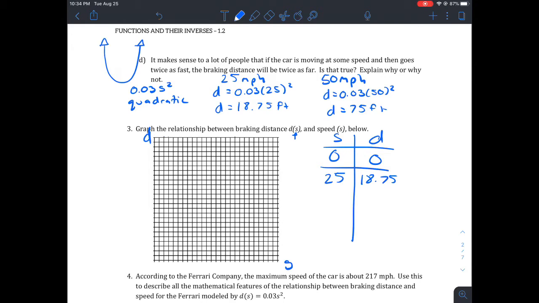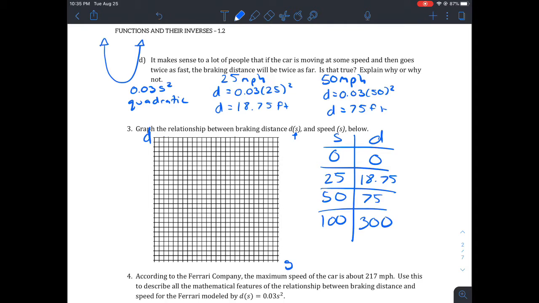Then we have 55 from the front page, and when we plugged in 55, we got, oh, actually, you know what? Let's do the 50 from the back. That makes more sense. When we plug in the 50, we get 75. And then when we plug in 100, we get 300.